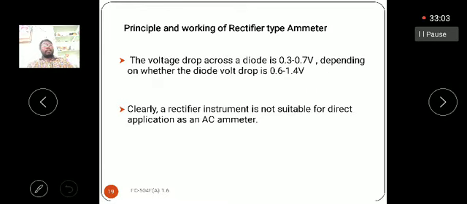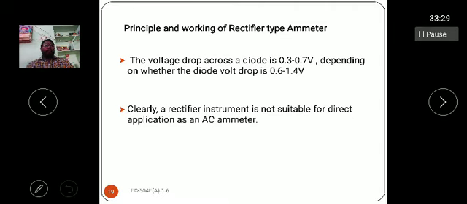The next point is the voltage drop across the diodes. Diodes are made of germanium or silicon.